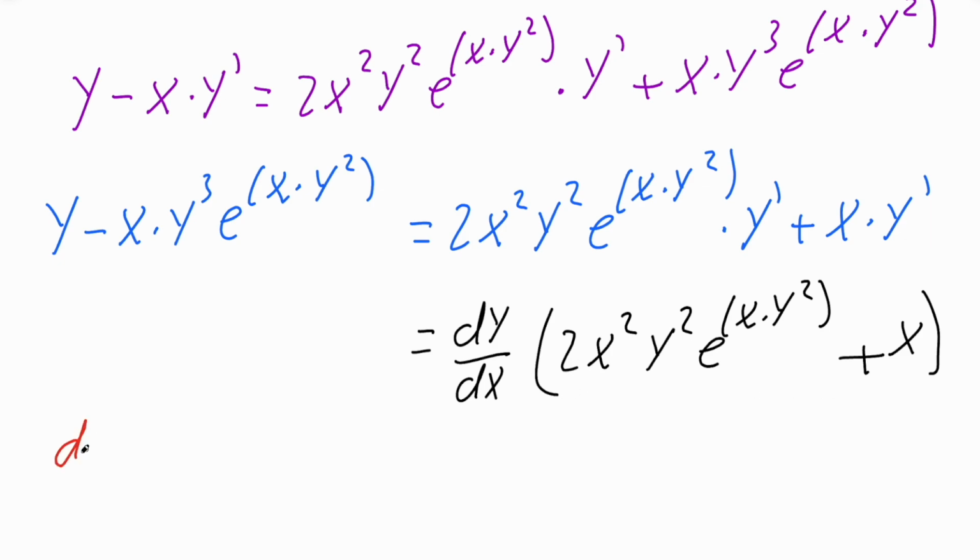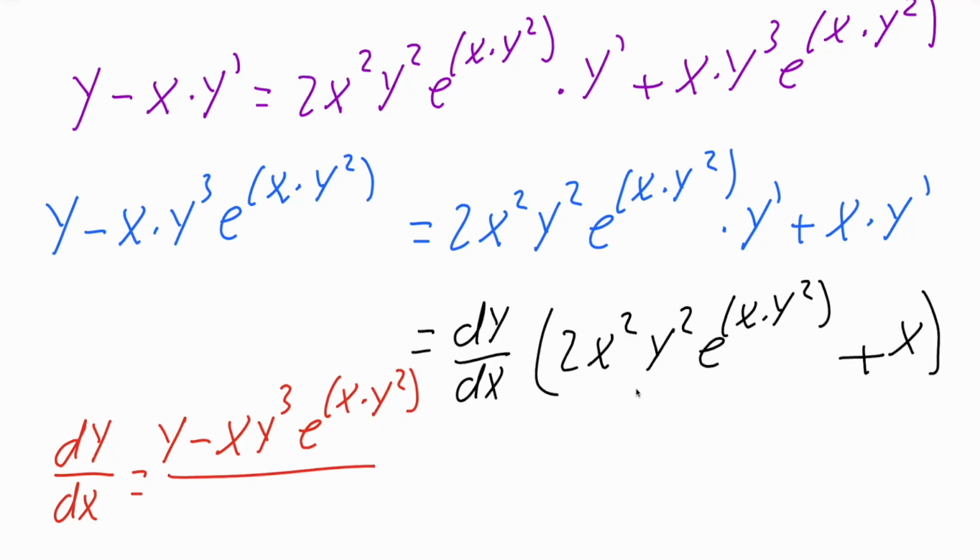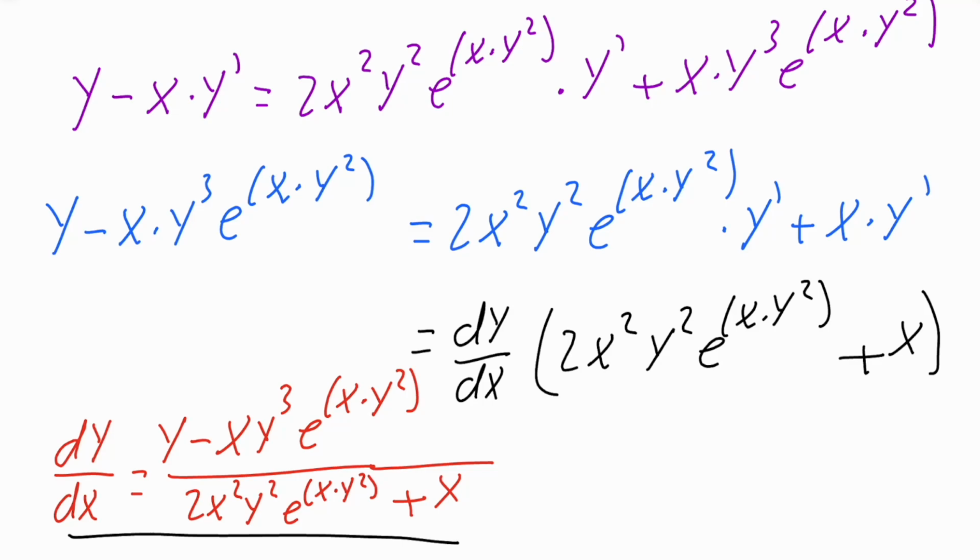So our final answer would be dy divided by dx is equal to y minus xy cubed e raised to x times y squared, divided by 2x squared y squared e raised to x times y squared, close it, plus x. And this right here is your final answer, and that's all we need to do for this problem.